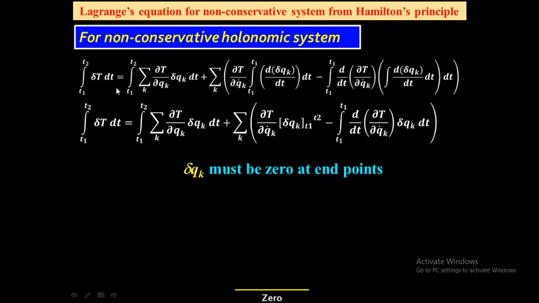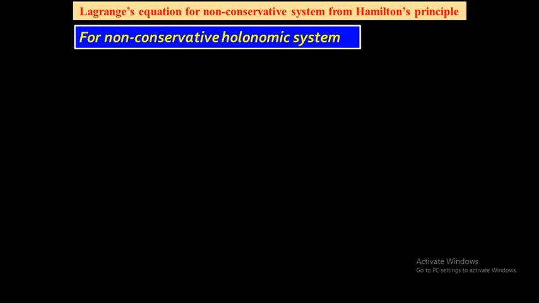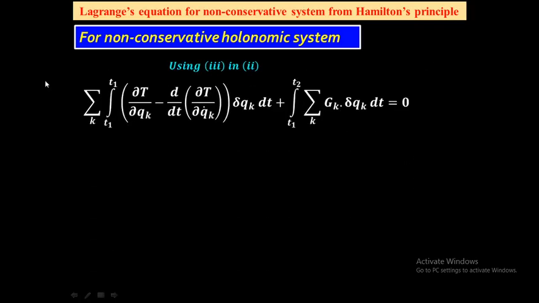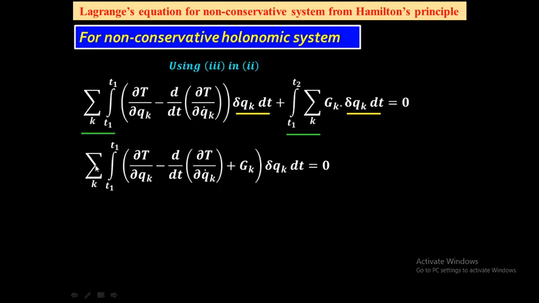So using equation 3 in equation 1, we get the summation over k, integral from t1 to t2, of del T by del qk minus d by dt del T by del qk dot, times delta qk dt, plus the integral from t1 to t2, summation over k, of Gk delta qk dt. Here the integral, summation and delta qk dt are common, so they can be taken outside: summation over k, integral from t1 to t2, of del T by del qk minus d by dt del T by del qk dot plus Gk, times delta qk dt.